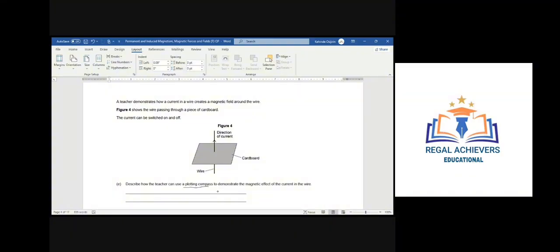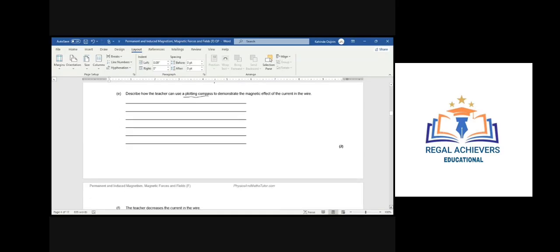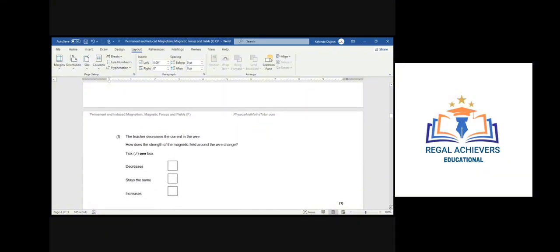The first thing is that while the current is being switched on and off, it's going to cause the compass needle to move. That is one of the things that will be observed. Another thing is that while the current is being switched on and off, the teacher can be moving the compass around the wire. Either of the two methods is applicable by the teacher.